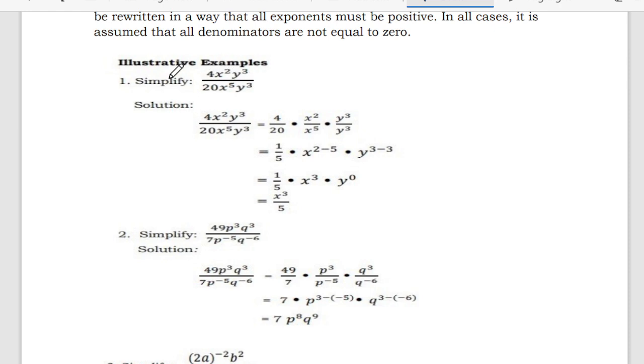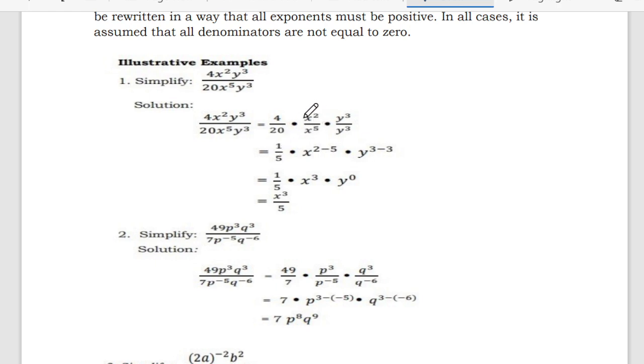How are you going to simplify 4x squared y cubed divided by 20x raised to the 5th power y cubed? Solution: we will separate the numbers. We have 4 over 20, then x squared divided by x raised to the 5th power, then y cubed over y cubed. If you simplify, 4 over 20 is just 1 over 5.